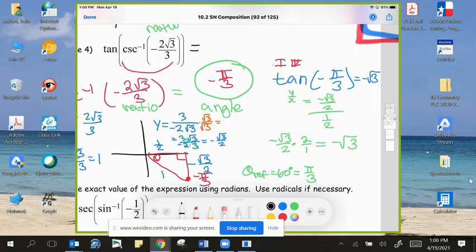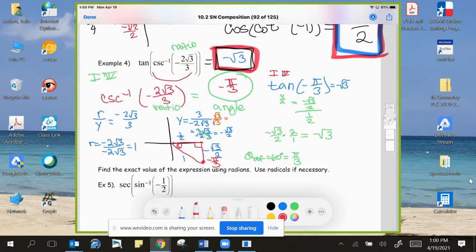So then tangent of cosecant inverse of negative 2 root 3 over 3 is negative square root 3. That is your final answer. Good.